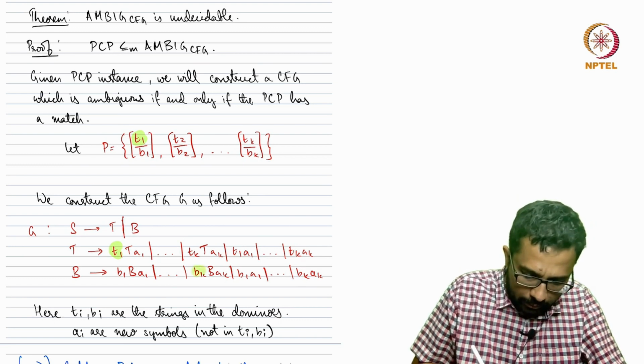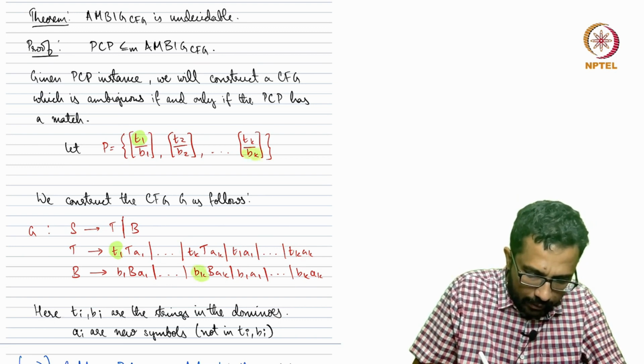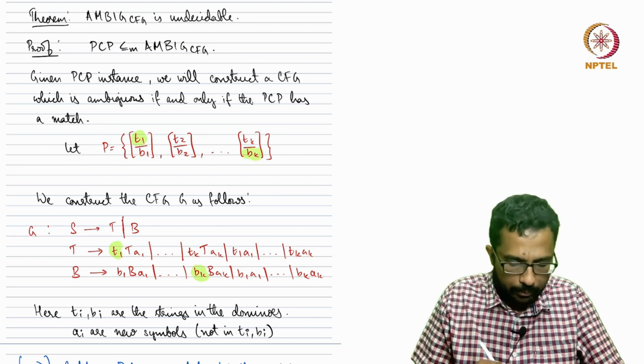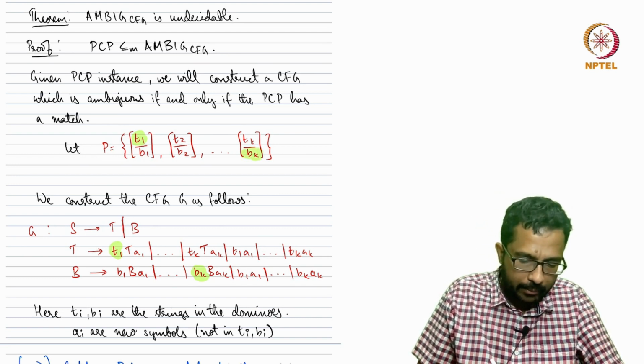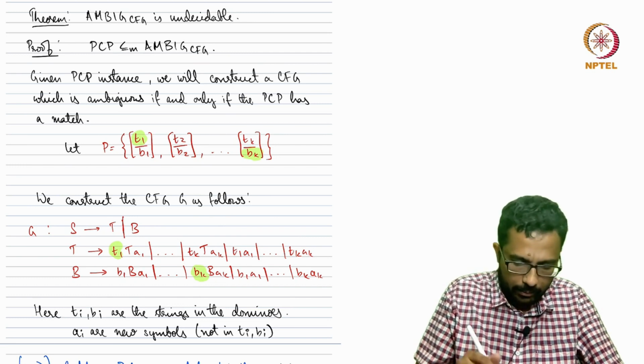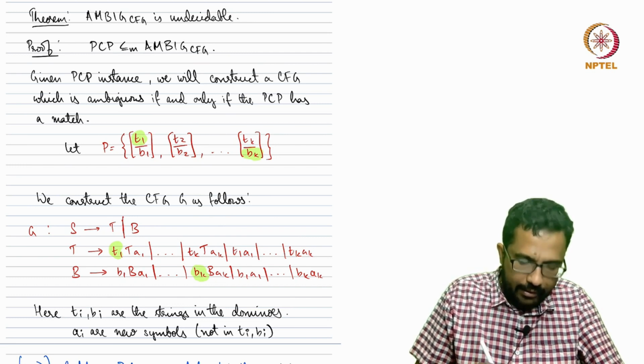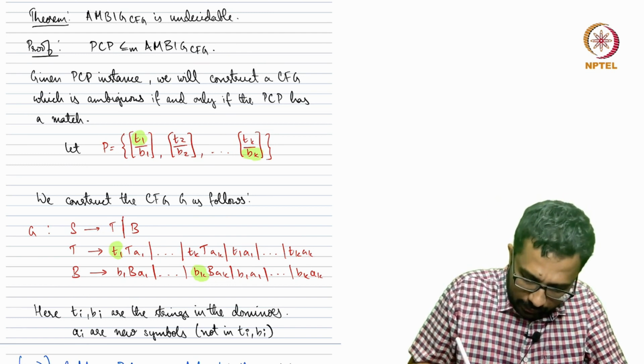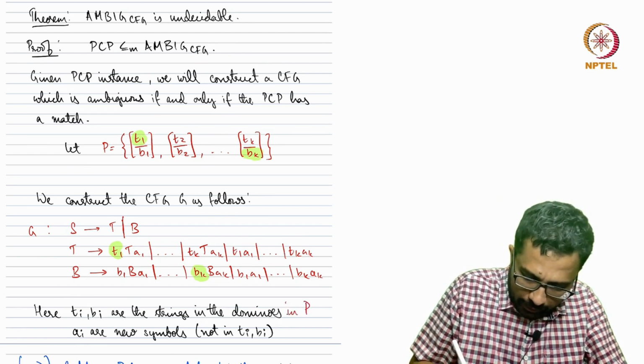Bk corresponds to the Bk in the PCP instance, B1 corresponds to B1, B2 to B2, and so on. So T1, T2, etc. are the strings in the dominoes of P.